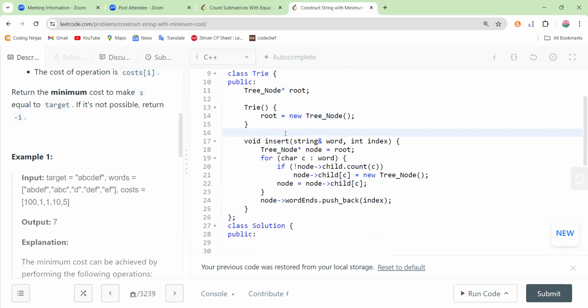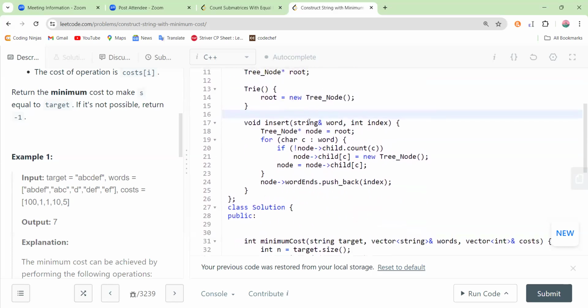Okay. Now we are inserting the word. While inserting the word, we are passing the word itself and the index of that particular word in the array, isn't it? We initialize our node to root. Now going over all the characters of the word, if that particular character is not inserted yet in that particular node, that is, if not node of child.count C, then we just make a new tree node for that particular child.